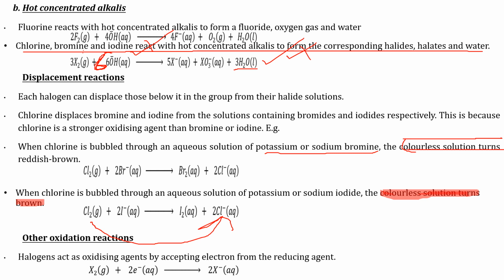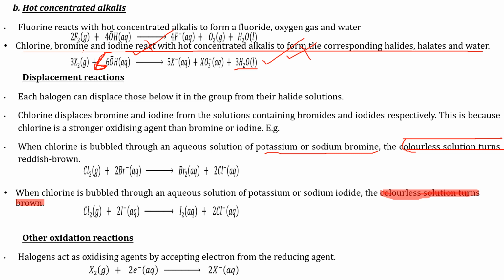So let's proceed. We are looking at other oxidation reactions involving group 7 elements. Now we said group 7 elements are the same as halogens, and here we are saying halogens act as oxidizing agents by accepting electrons from reducing agents.